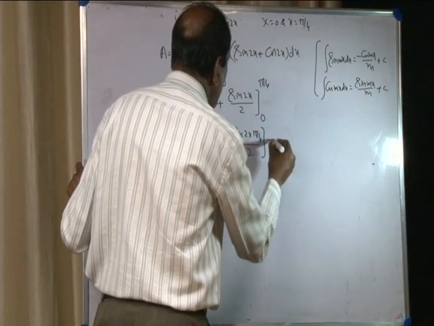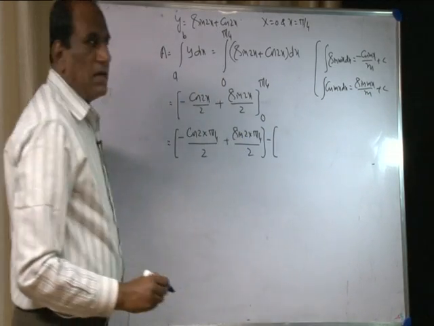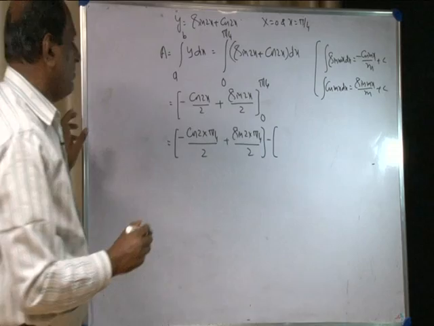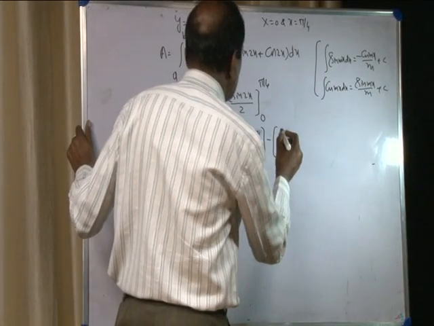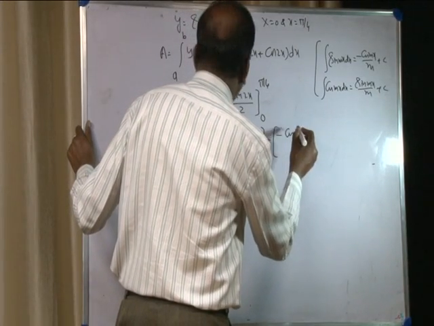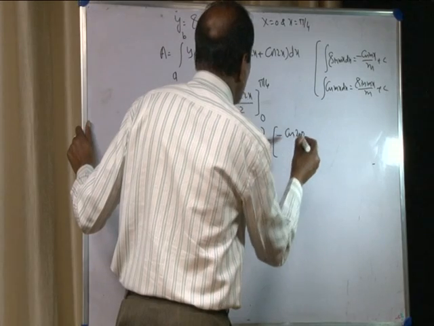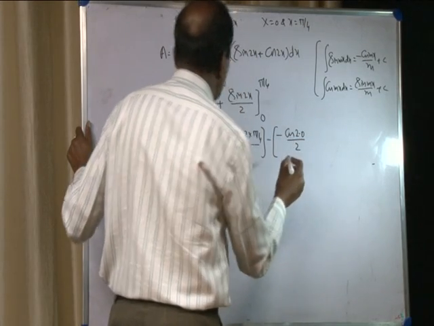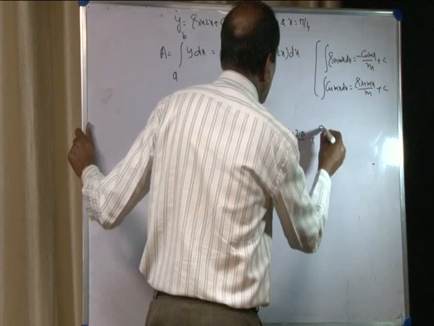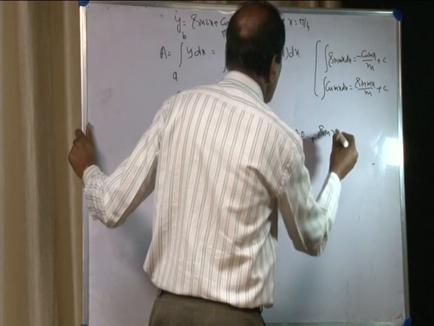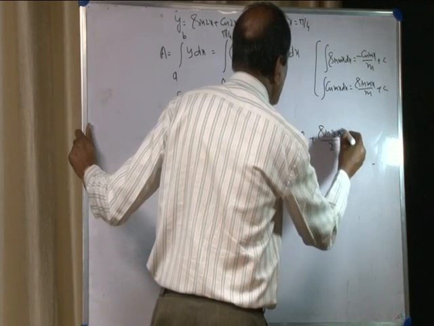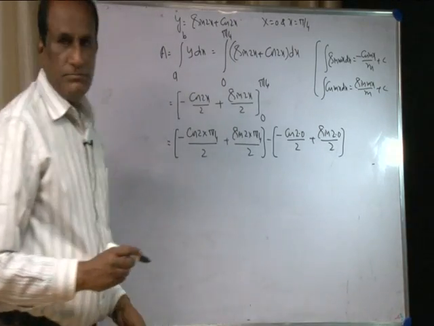Now, the lower limit is 0: minus cos 2 into 0, divided by 2, plus sin 2 into 0, divided by 2.